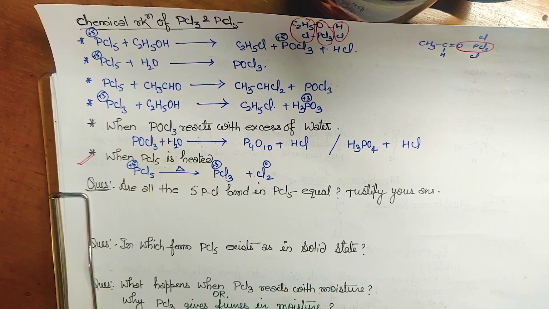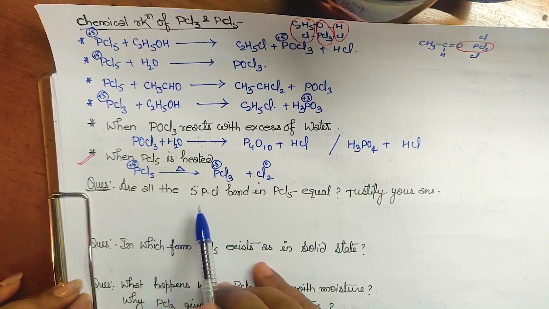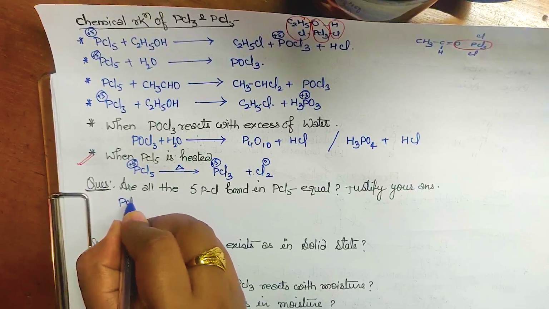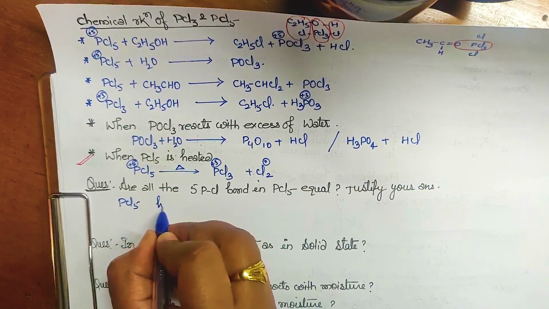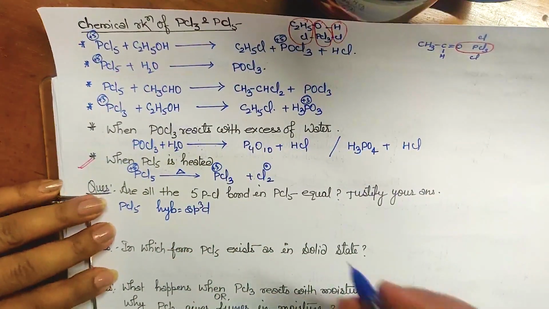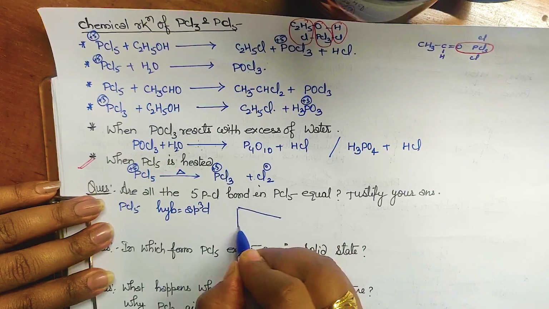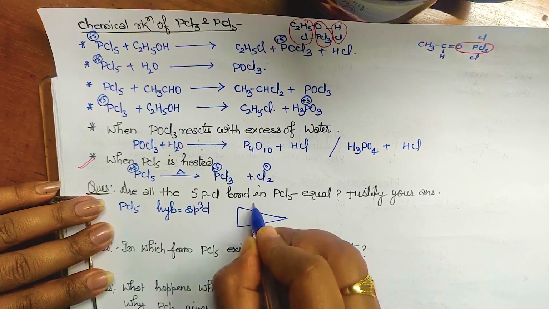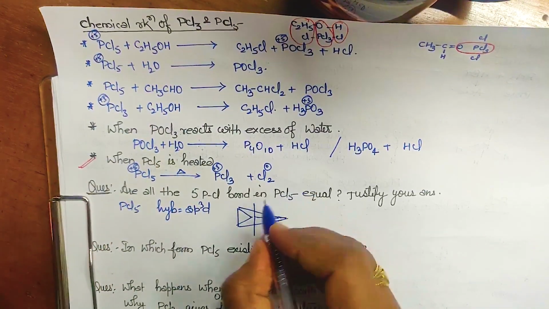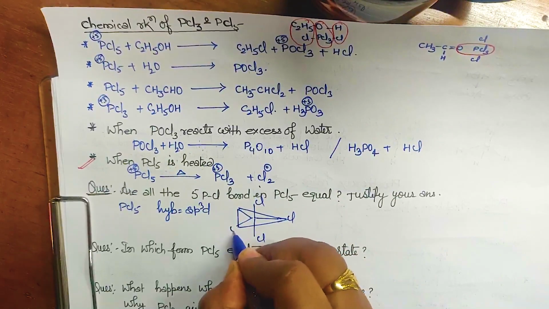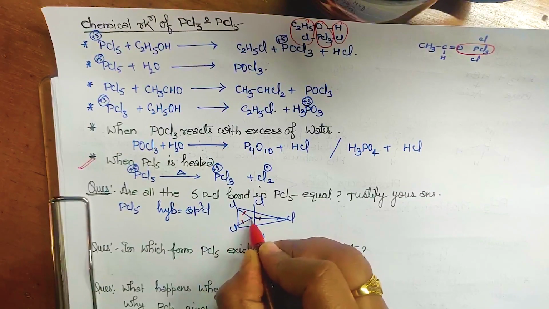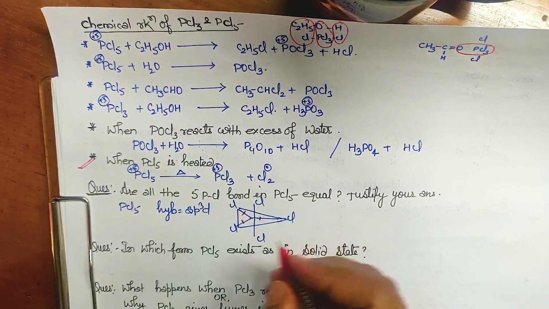Got it? Okay. The next question is, are all the 5 P-Cl bonds in PCl5 equal? So just find the PCl5 hybridization. If you find it, you will get sp3d, isn't it? And if it is sp3d, we have a trigonal bipyramidal structure, in which there are chlorine, chlorine, chlorine, chlorine and chlorine. These three bonds are equatorial bonds, so they are the same.